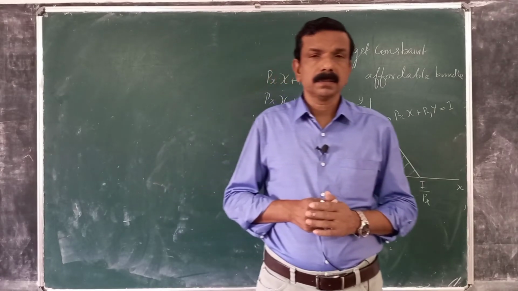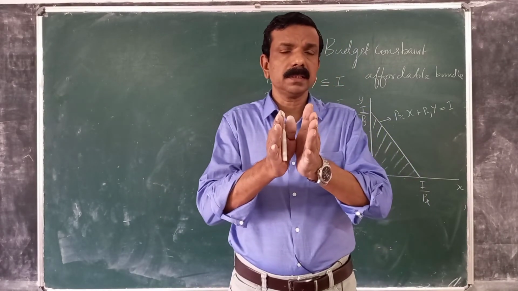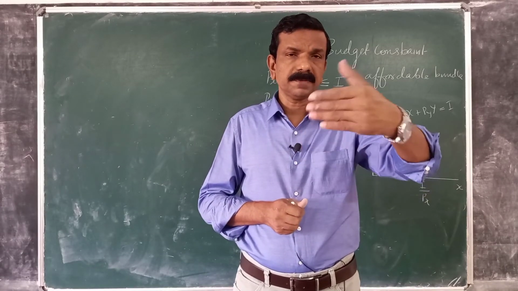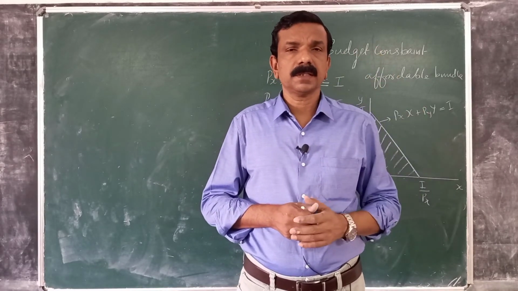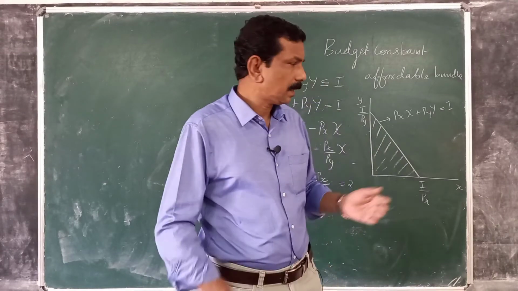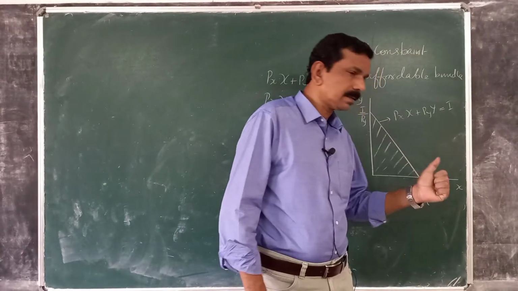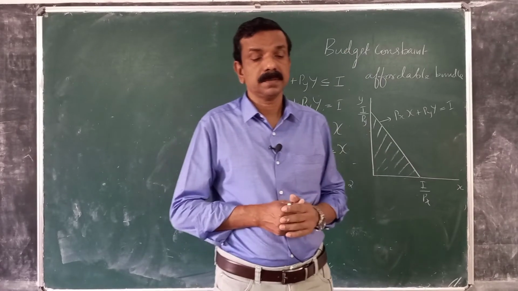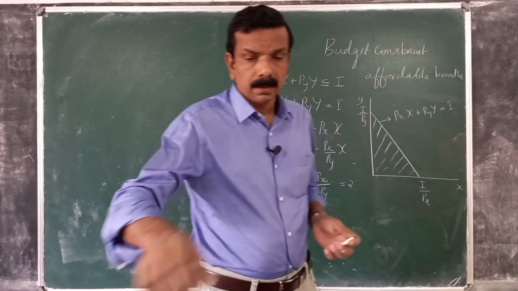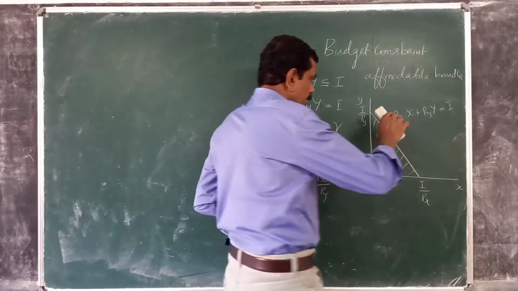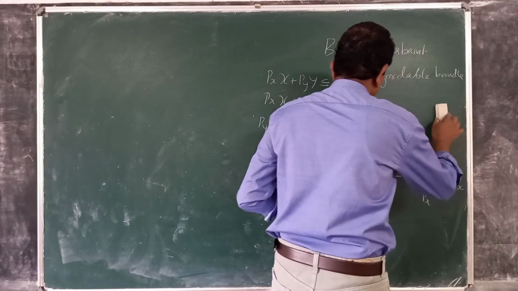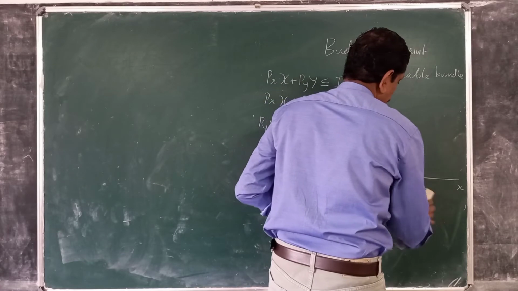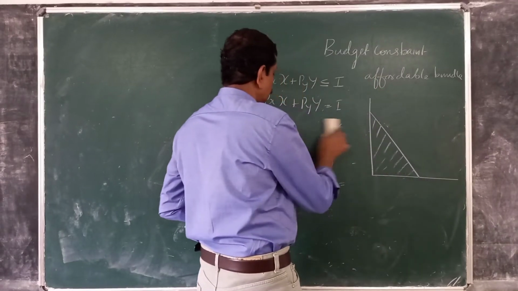So if there is a change in the prices of the commodities, or if there is a change in the income of the consumer, what happens? The budget set, the budget line, the budget constraint also shifts. Let us first consider what happens if there is a change in income only.